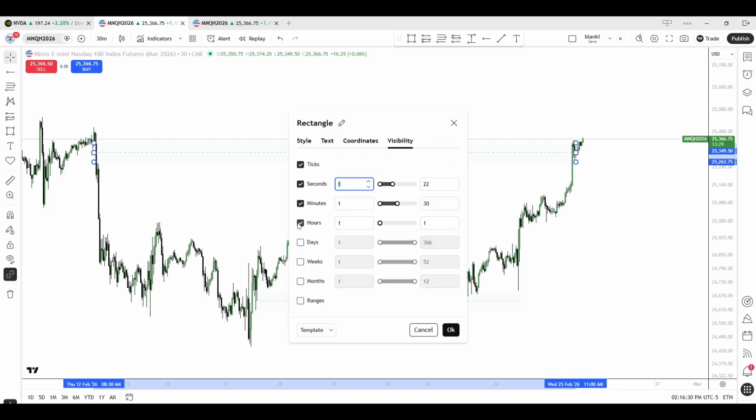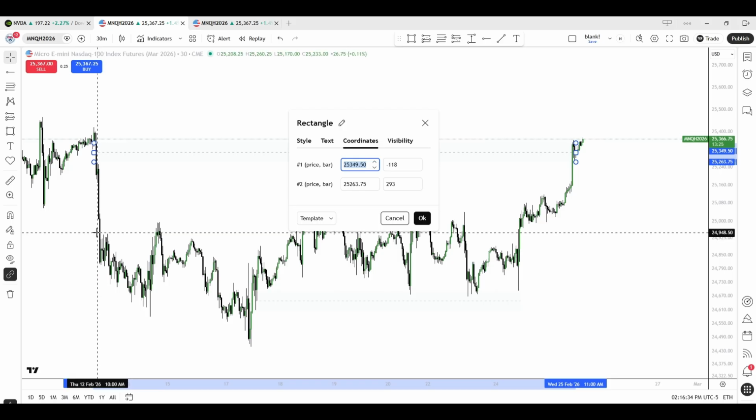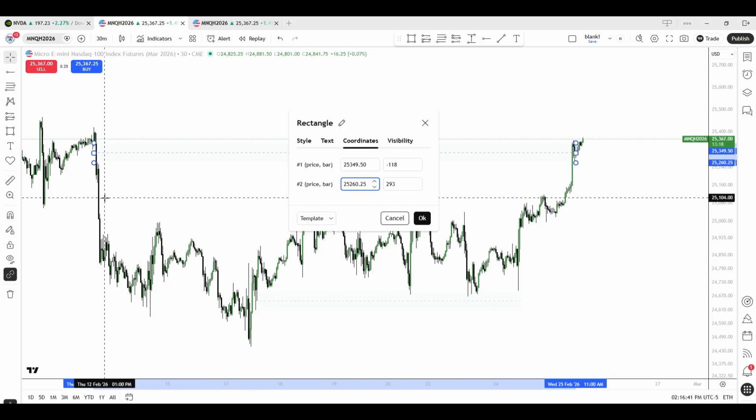Get that properly calibrated. First of all, I only want it on the 30 down. The high of this candle comes in at 60.25. So let's calibrate that. And then the low of that fair value gap candle comes in at 46 even. So let's make sure that we get that correct.